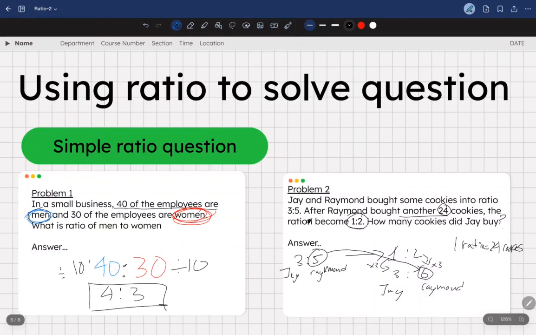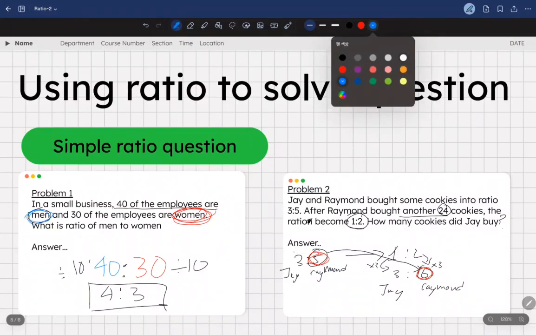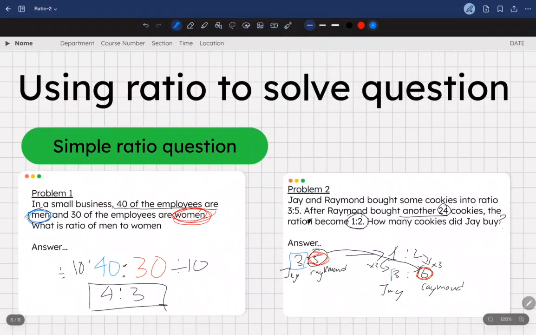Do you get it? From 5 it changed to 6 while the 3 stayed the same. So the 1 ratio is equivalent to 24 cookies.